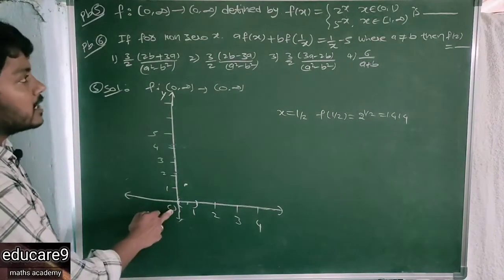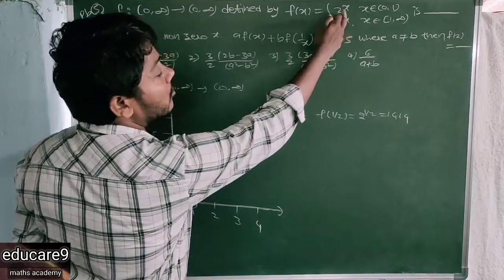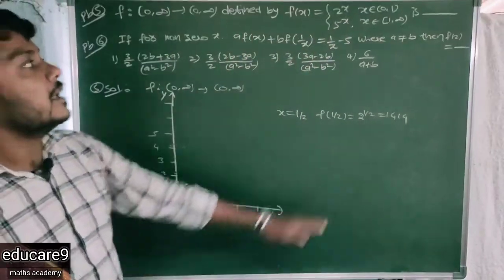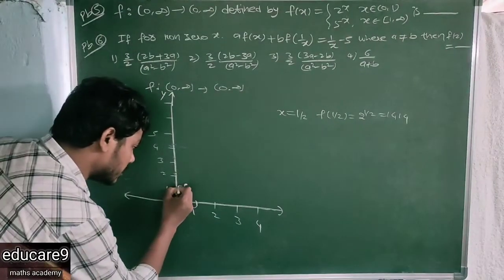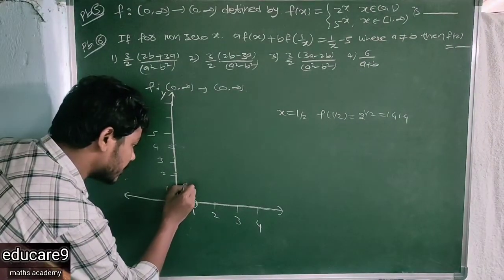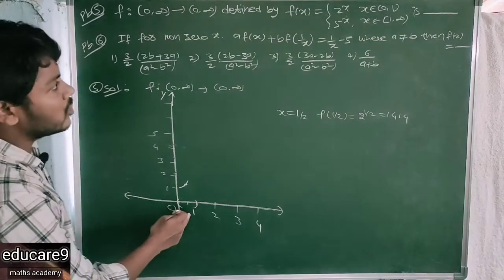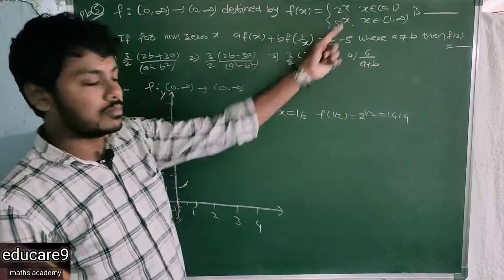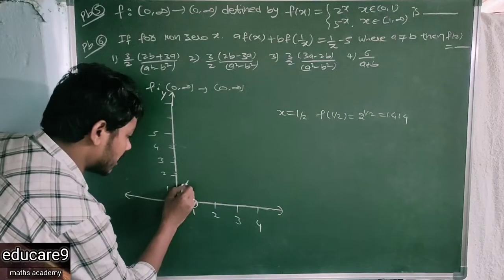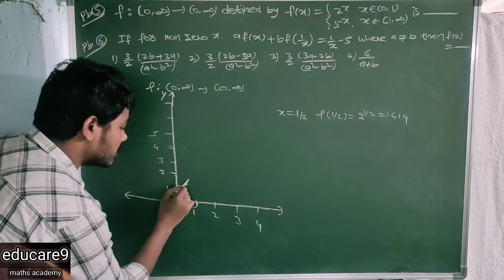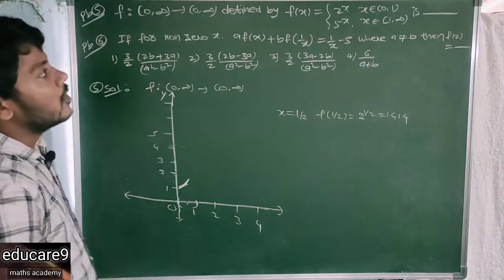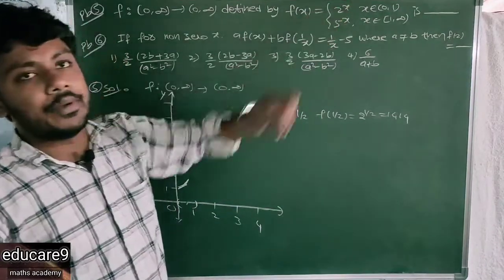For example, at x equal to 0, the value is 1, but here 0 is not included. So here, like this. At x equal to 1, the value is 2. So this is the graph of f(x) equal to 2^x.